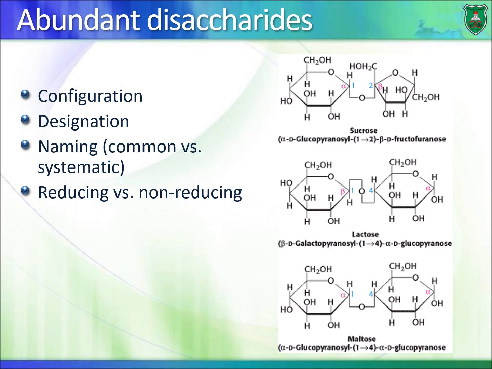Okay, these are three of the most commonly used disaccharides as examples. Okay, and they are sucrose, lactose, and maltose. So let's start with maltose. It's the easiest. Look at the first one right here. It's a pyranose.